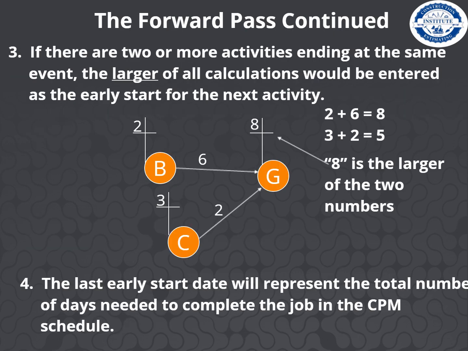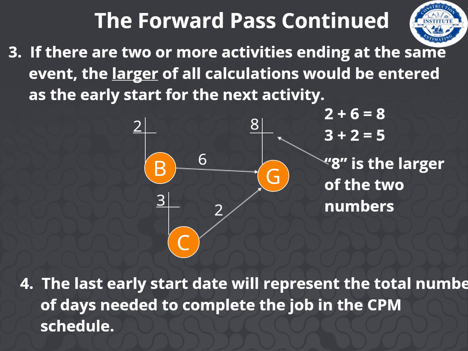Forward pass continued. Number 3. If there are 2 or more activities ending at the same event, the larger of all calculations would be entered as the early start for the next activity. In this case, if we look at activity BG, we're going to take what was written on the T to the left side. The early start date at event B is 2.